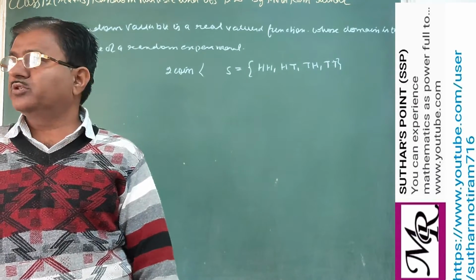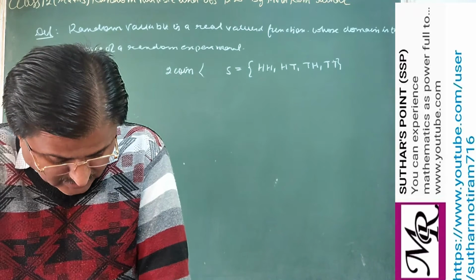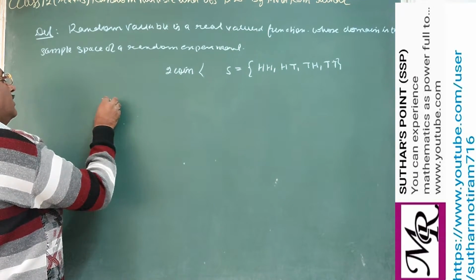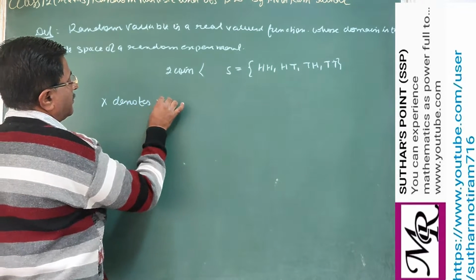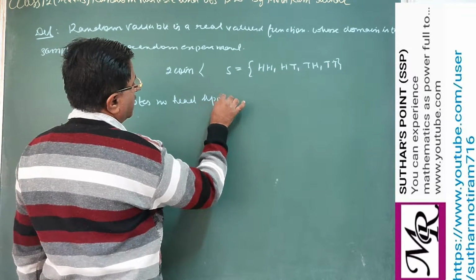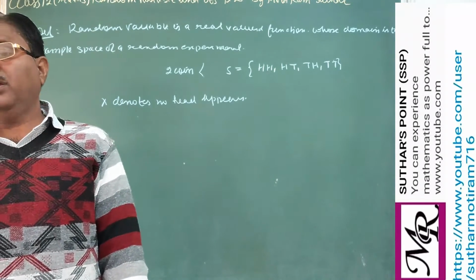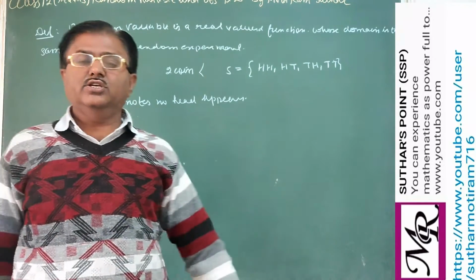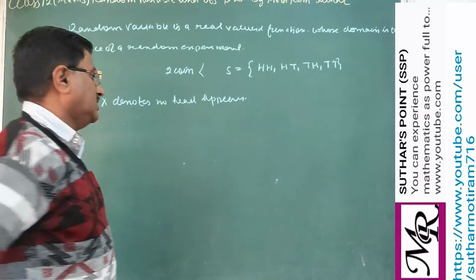So different outputs are there when we are tossing two coins, and suppose X denotes the number of heads appearing. So our interest is to find out how many heads appear in each case. So we take capital X to denote the number of heads obtained. Then X is a random variable.